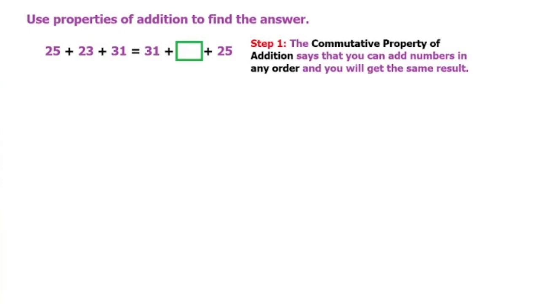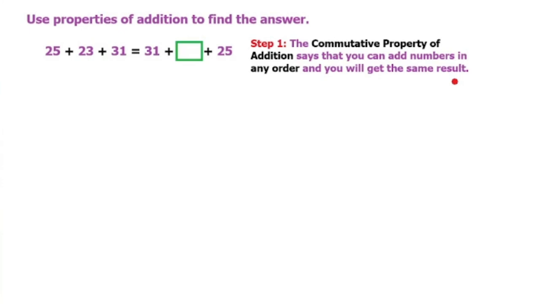So the first thing to understand is that the commutative property of addition says that you can add numbers in any order and you will get the same result. So we could see here there's 31 and there's 31 here. There's 25 here and there's 25 here.